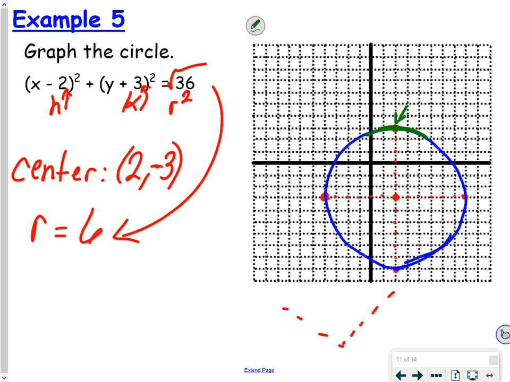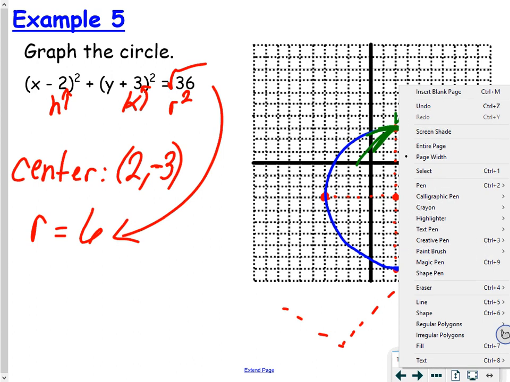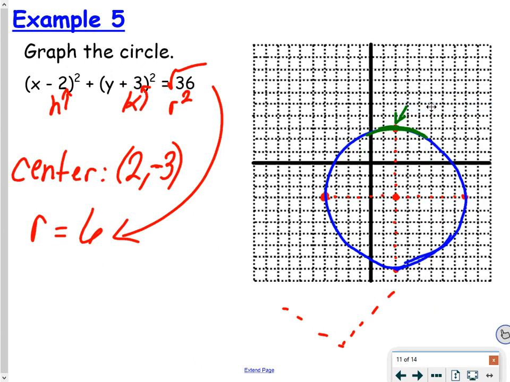A lot of people will start to go like this, and then they end up forming something like a rhombus or a diamond or who knows what shape. So just make it a little bit rounder than what you think on those points on the circle.